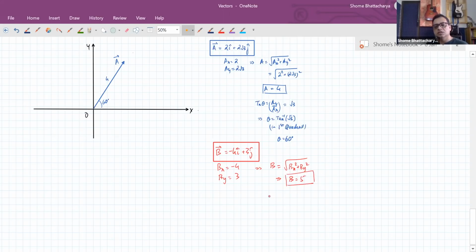And now you can see the angle it makes with the axis will be such that tan theta is by over bx. So that is minus 3 by 4. So theta is tan inverse of minus 3 by 4. But we have to be careful about quadrants. You can see that x component is negative, y component is positive. That means it's in the second quadrant.